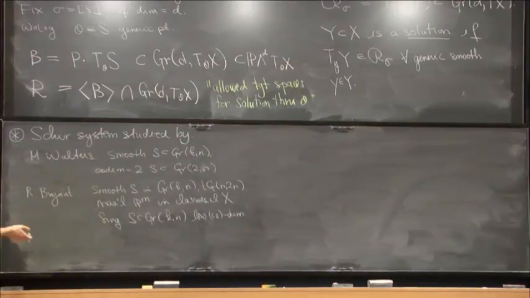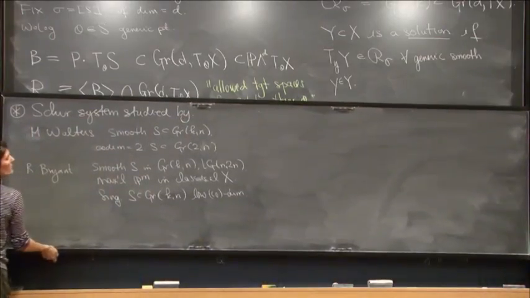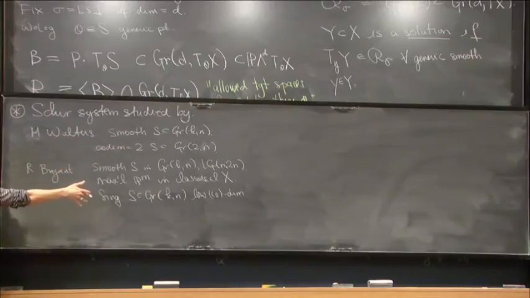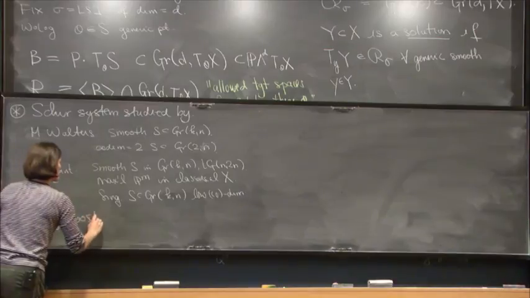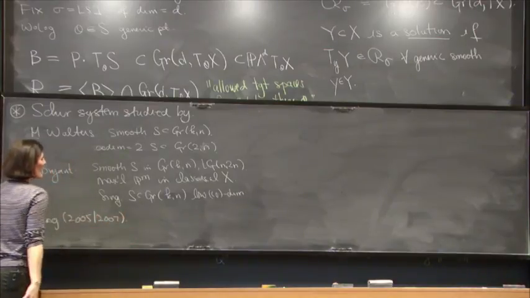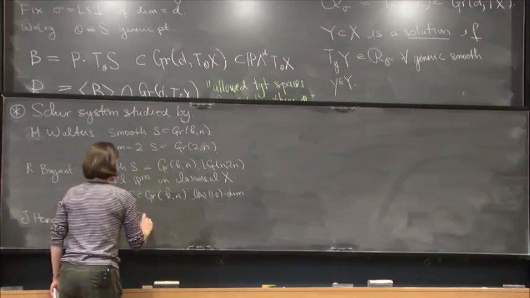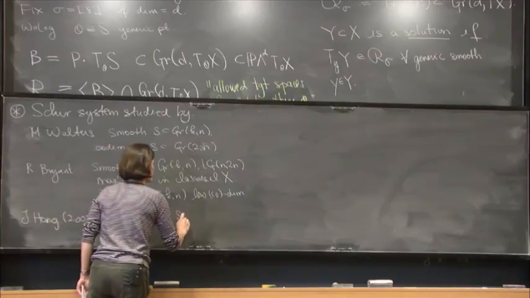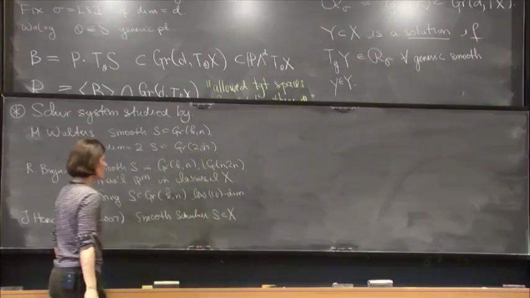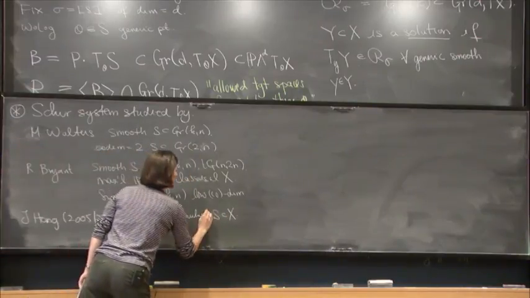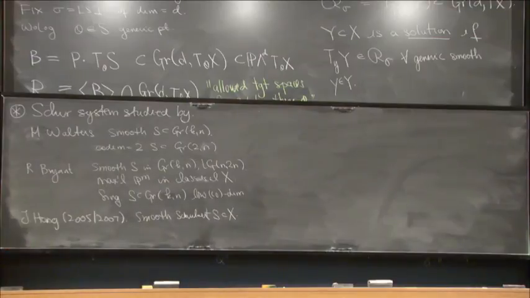So the approach here to the smooth Schubert varieties was a bit ad hoc. In 2005, 2007, Jaehan Hong studied smooth Schubert varieties in arbitrary X, arbitrary cominuscule S, and identified all the rigid ones.